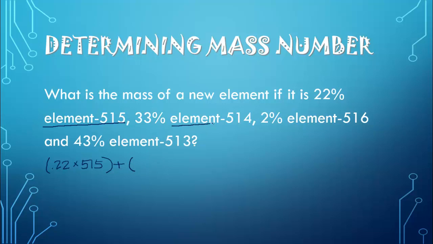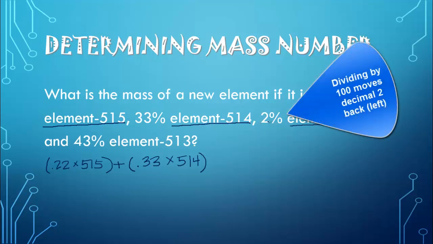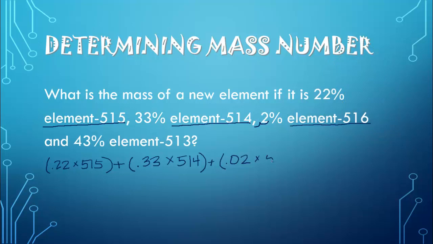So the next isotope is element-514. So we're going to take 0.33 times 514. Then we have 2% of element-516. Now be careful with 2. We can't put 0.2. If we move it back 2, because we divided by 100, remember this is then 0.02 times 516.